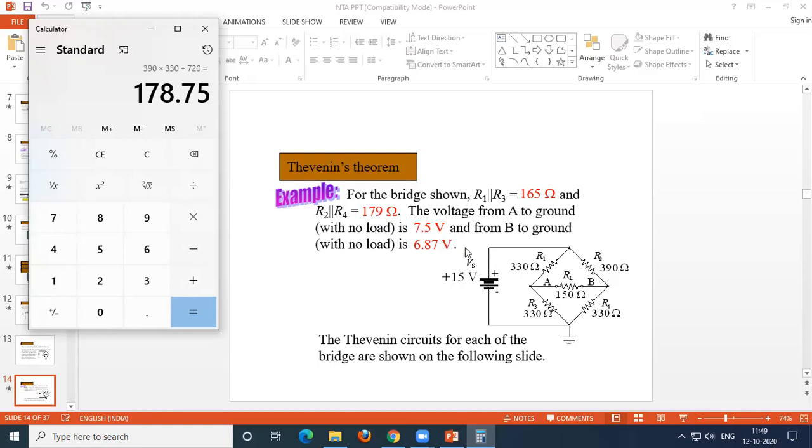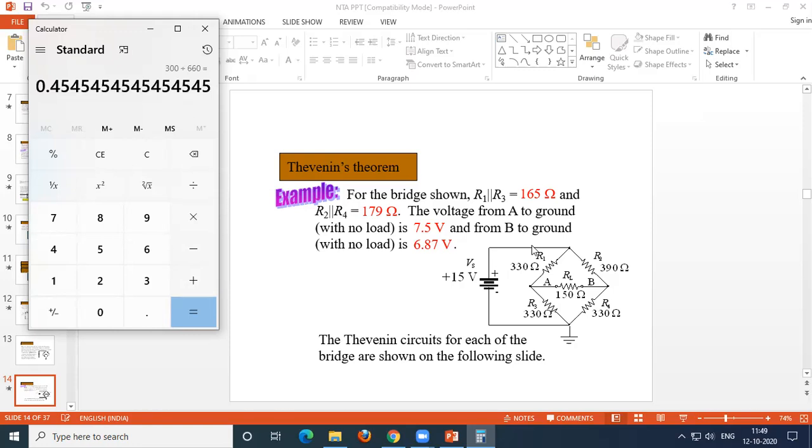The voltage from A to ground with the load: firstly we have to find the voltage from the A point to the ground point. From the A point to the ground point, we use the voltage divider rule, and we can write the formula as R1 divided by R1 plus R3, or 330 divided by 660.